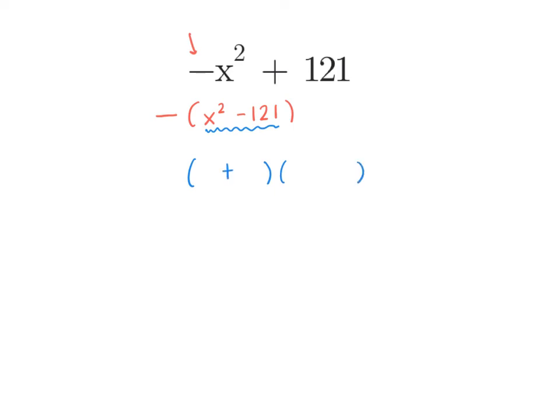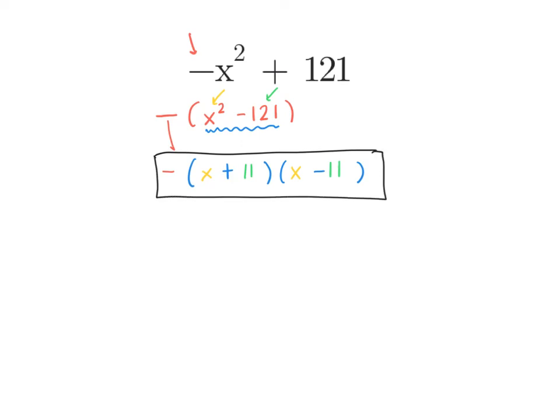One has addition, one has subtraction. The square root of x squared is x. The square root of 121 is 11. And then we need that negative sign that we factored out at the beginning. So this factors into negative x plus 11, x minus 11.